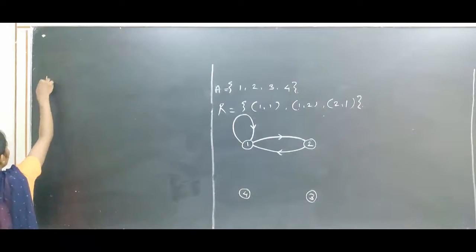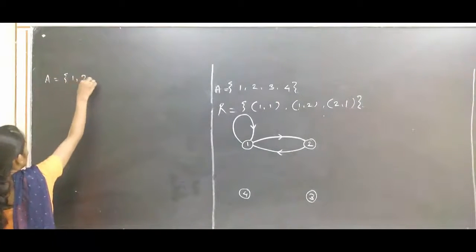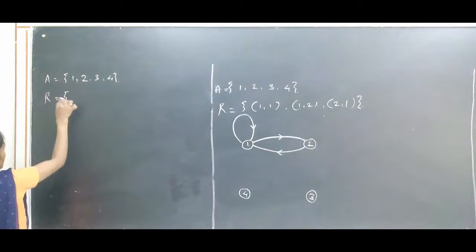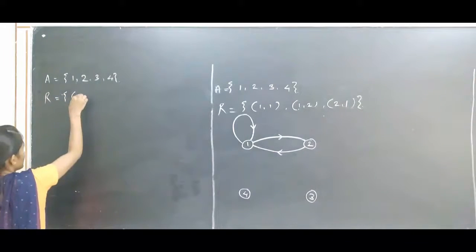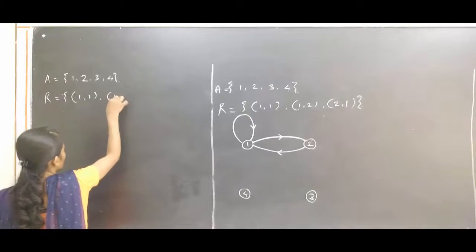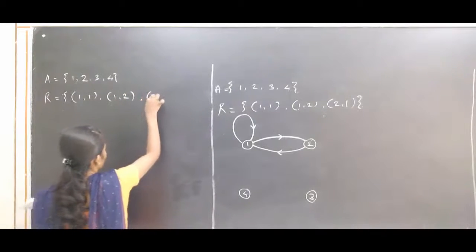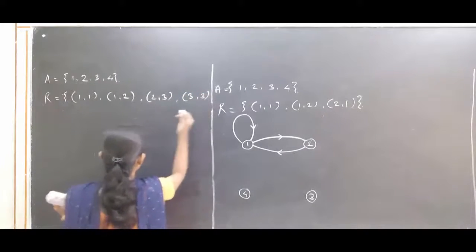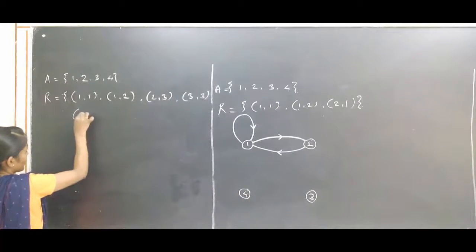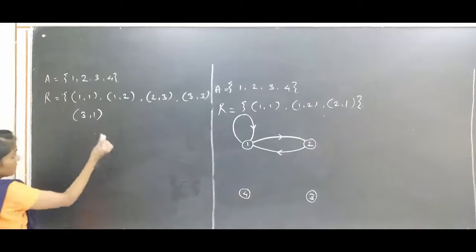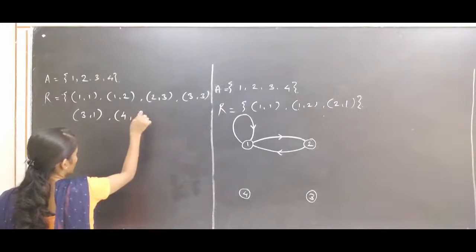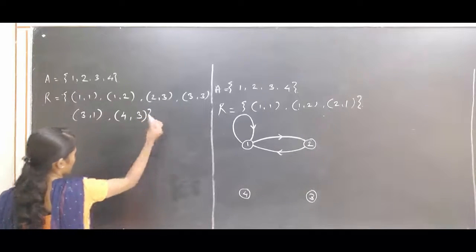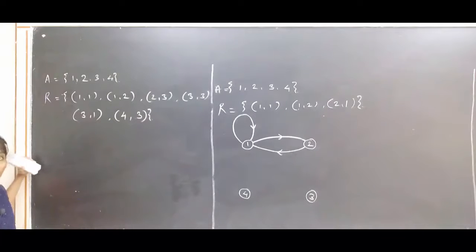Example: we consider the set A = {1, 2, 3, 4}. Then relation R defined on set A is (1,1), (1,2), (2,3), (3,3), (3,1), (4,3), suppose.